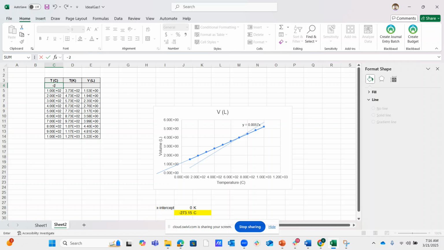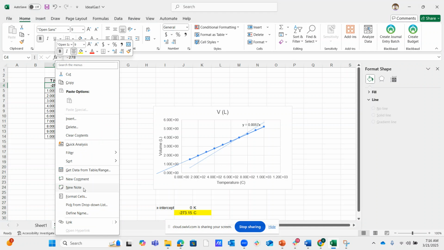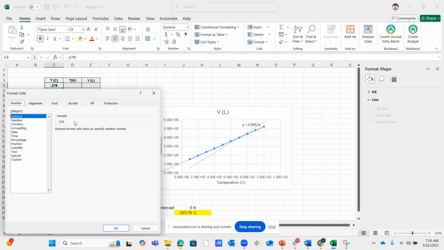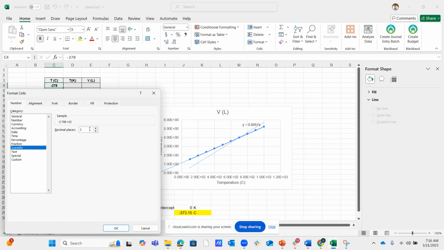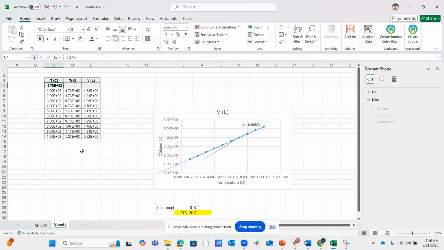Okay, let me do 278 rather. I'm going to change this and make it a text. So please, once again, this is just to help you follow what is going on. Great, great, great. I wanted it to look like these here.